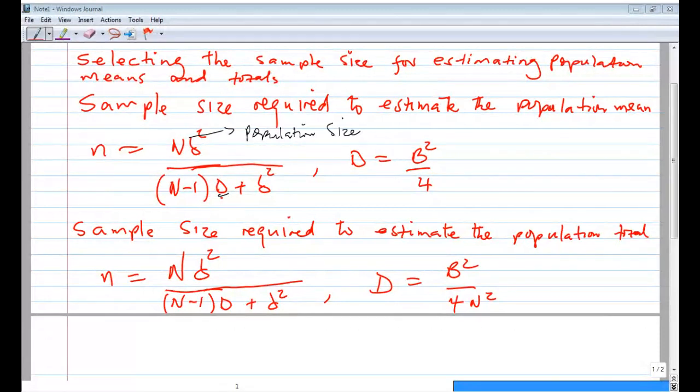So now let's go to the example and apply this. How do you calculate that based on the example? Let's consider example 3.8 on page 17 of our lecture notes.